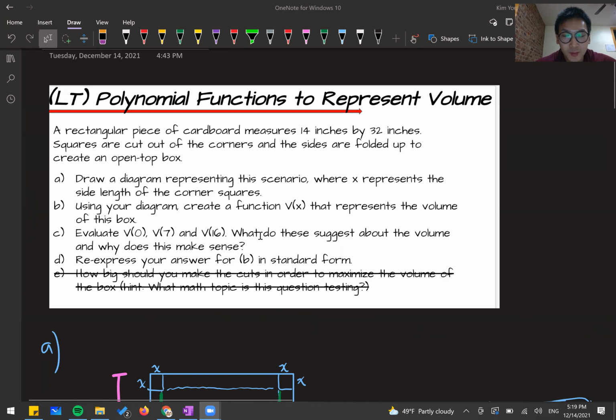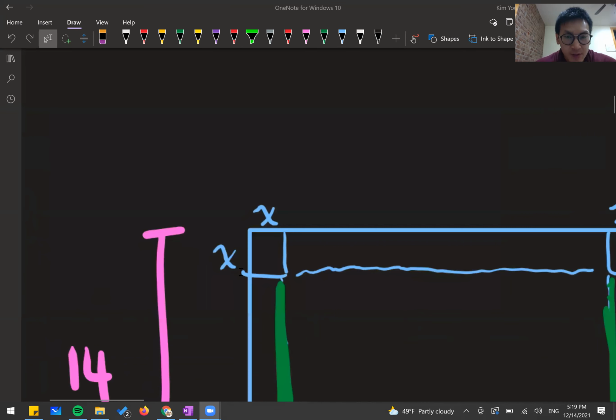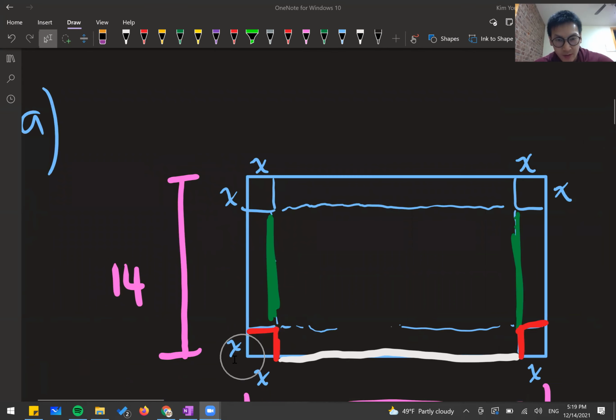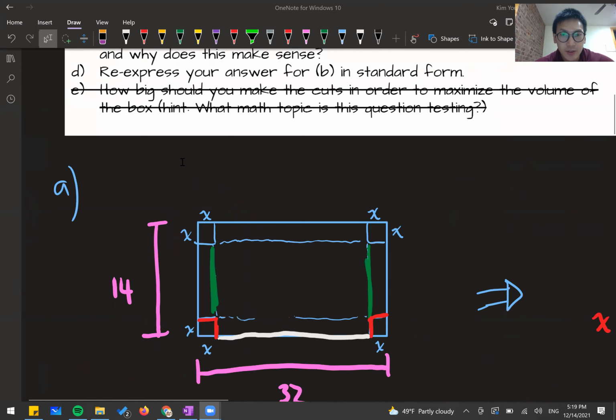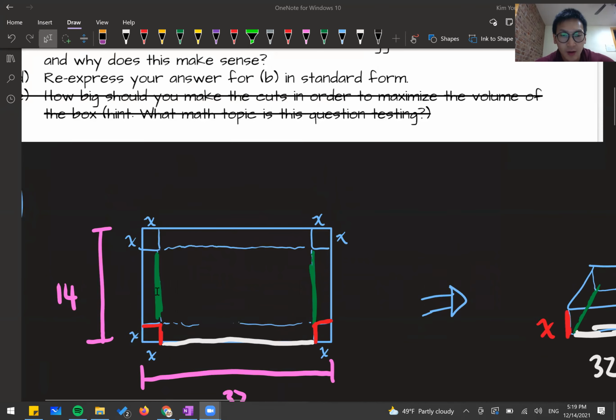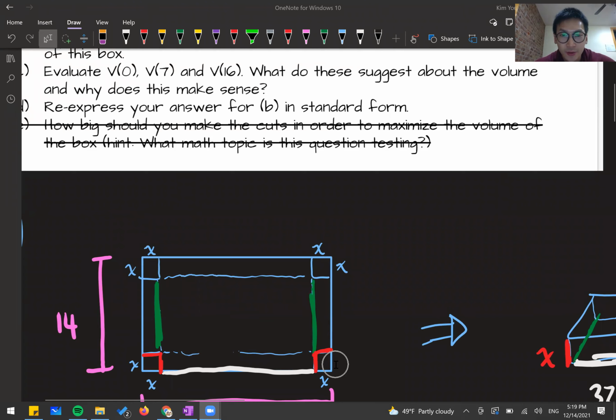So I just put that here. This outer piece is 14 inches, and then this other piece is 32.